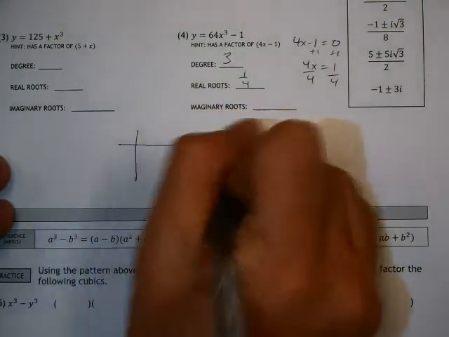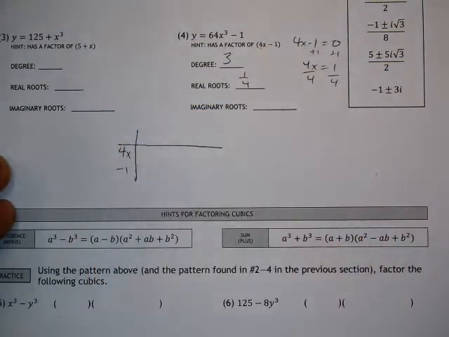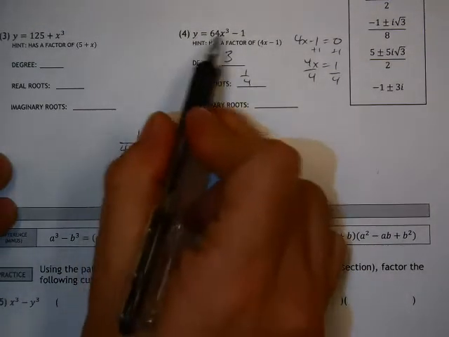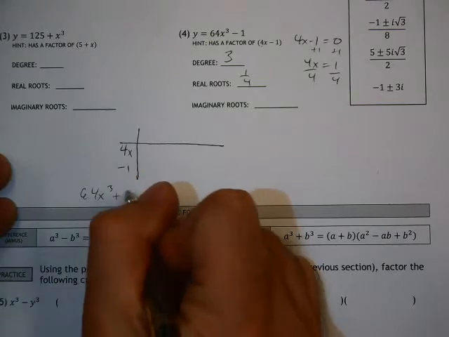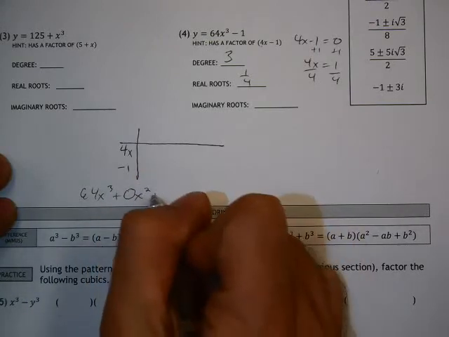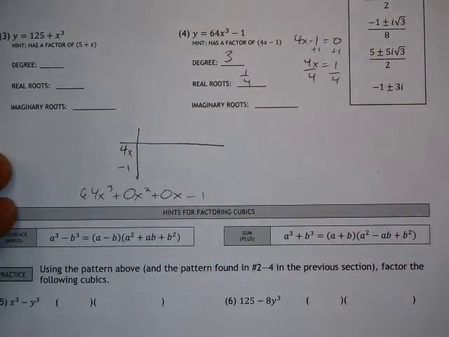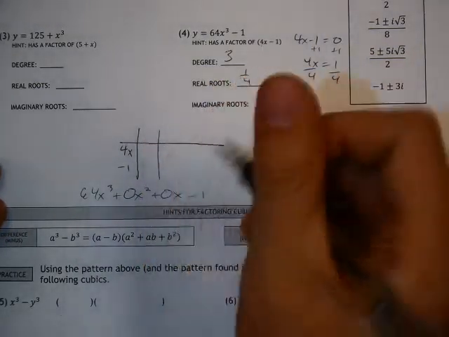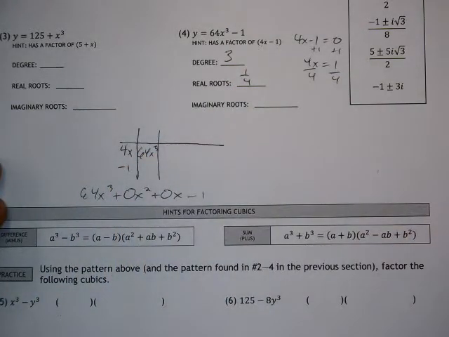So on the left side, I have 4x minus 1 from the factor that we know. On the bottom, I'm going to have my 64x cubed. And remember, since there's no x squared, I want a 0x squared and a 0x, and then that minus 1 in the end. Now to start the box, remember that we always take this first term, 64x cubed, and place it right there.